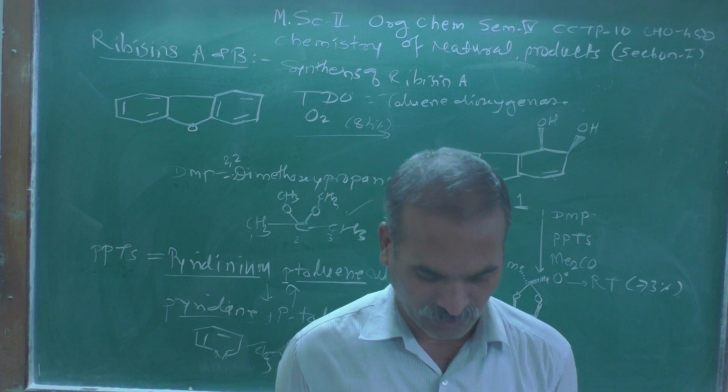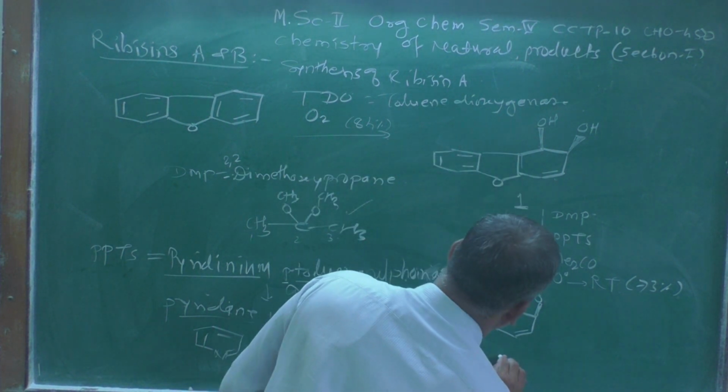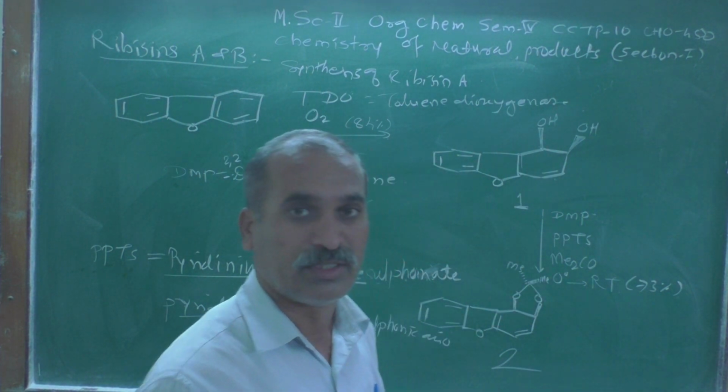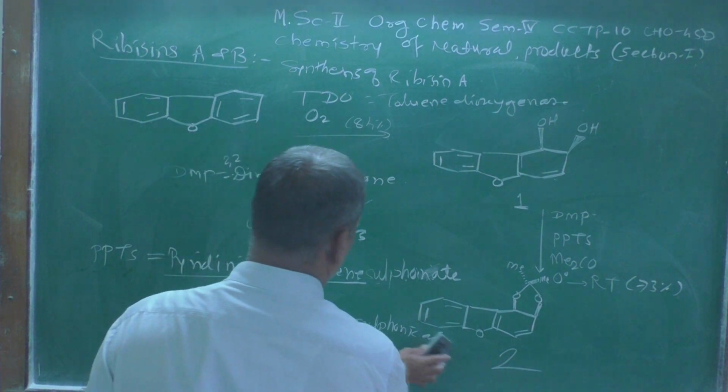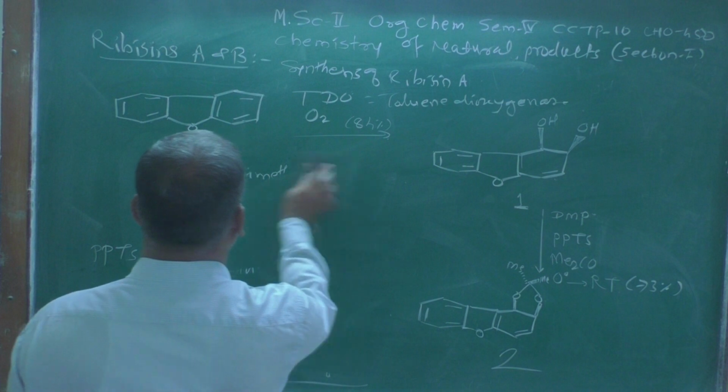The overall yield of this product is 73%, and this is structure number 2, which we have discussed over here. Now let's begin with the next one.